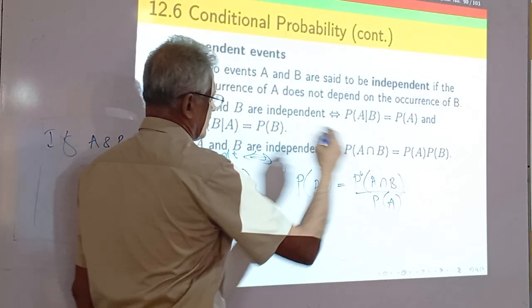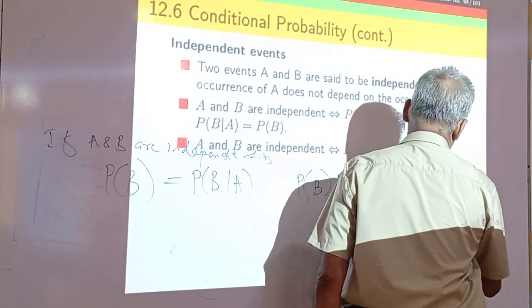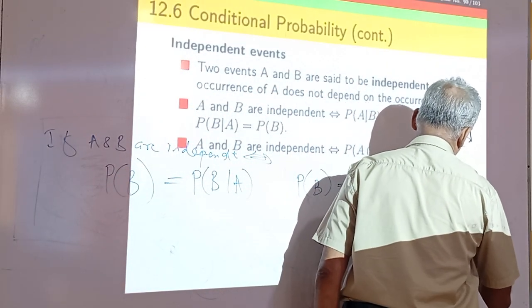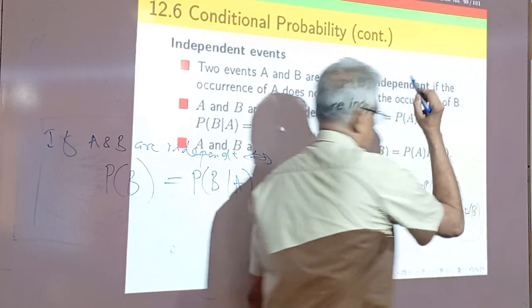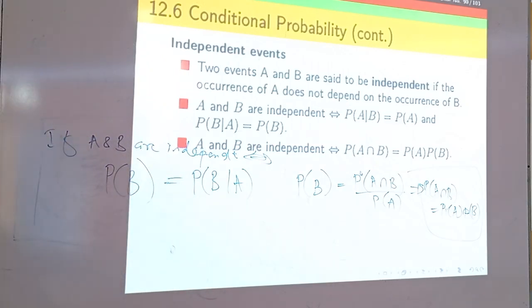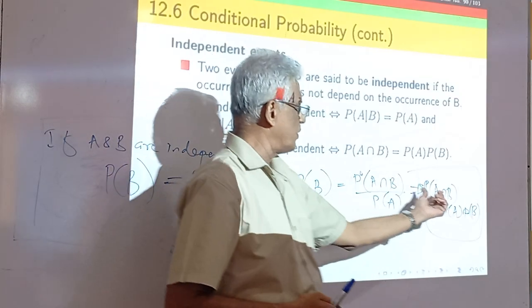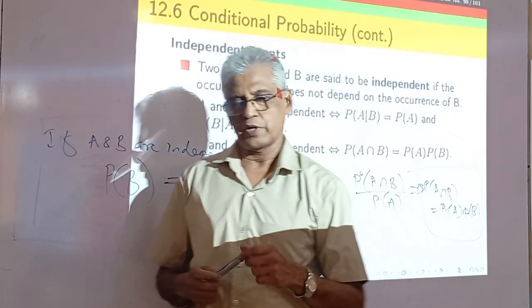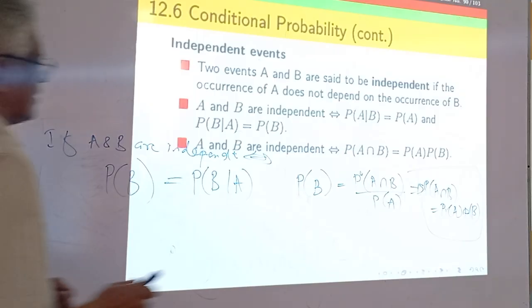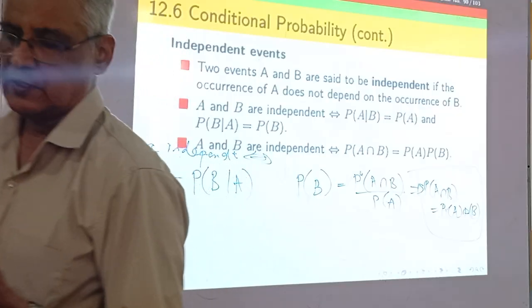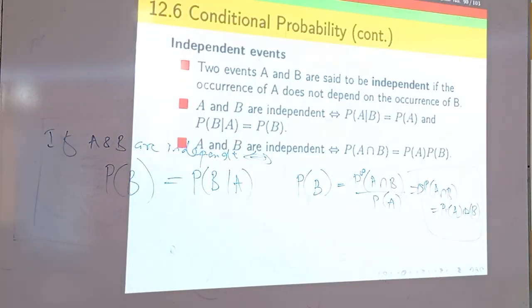So this implies that probability of A intersection B is equal to probability of A times probability of B. That is another way of defining the independence of two events. A and B are independent if and only if the probability of the intersection is equal to the product of the individual probabilities. And on the other hand, if this happens, then they are independent.